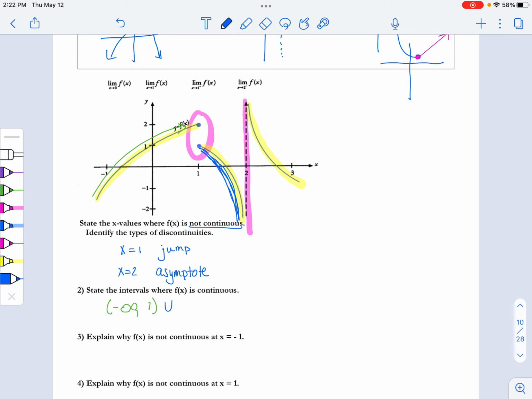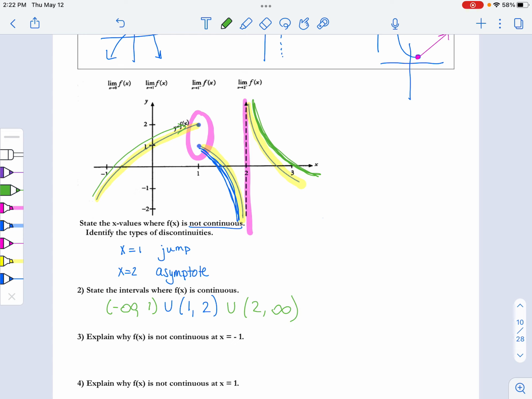So we would say in union with from 1 up until where that asymptote is at 2. And the last part that we're continuous, where we see that there are no holes, jumps, or asymptotes, is this chunk on the far right. We say and union with, we start graphing again at 2, and we go out through positive infinity.